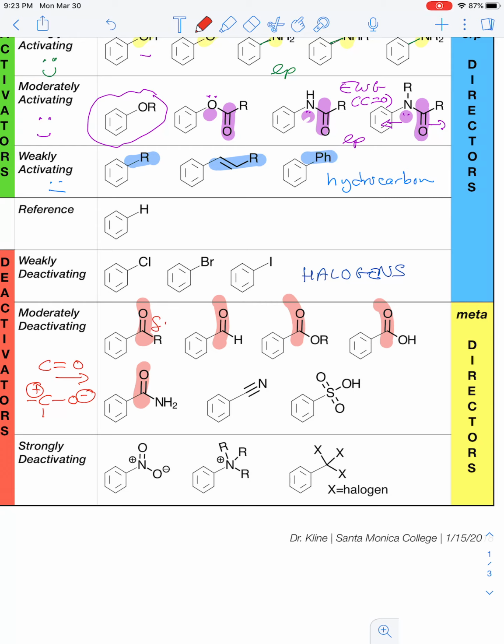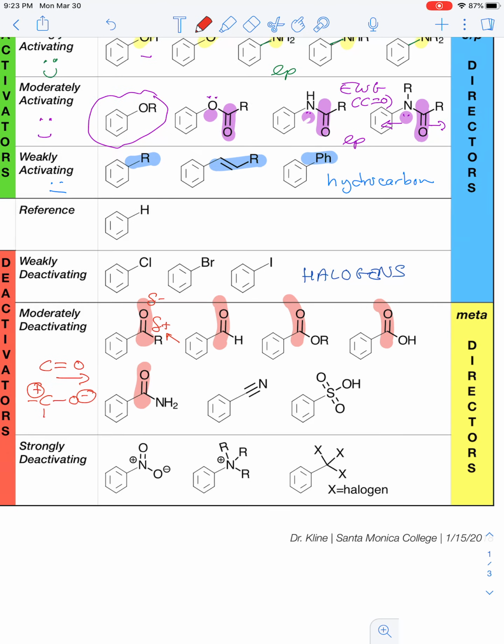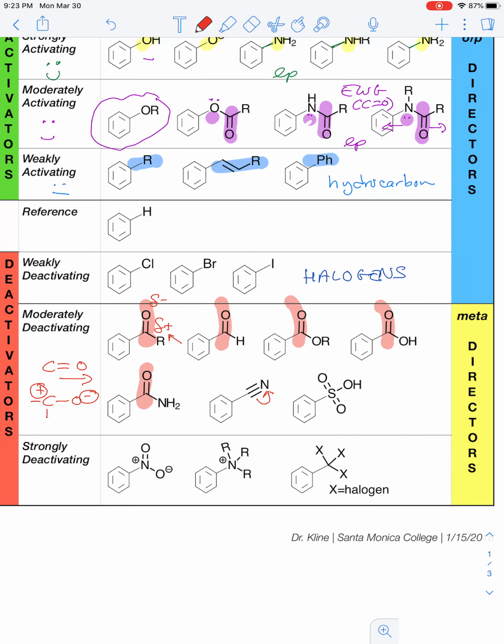Or just drawing these, for example, with the ketone here, you could say that there's a slight positive charge on the carbon, a slight negative charge on the oxygen. And then turning to these other two, you have a similar situation. You can take those electrons and pull them towards the nitrogen the same way you could with the carbonyls, and then the same with this sulfur group.